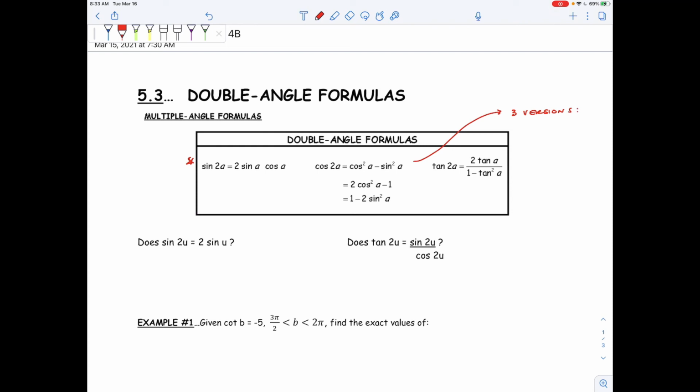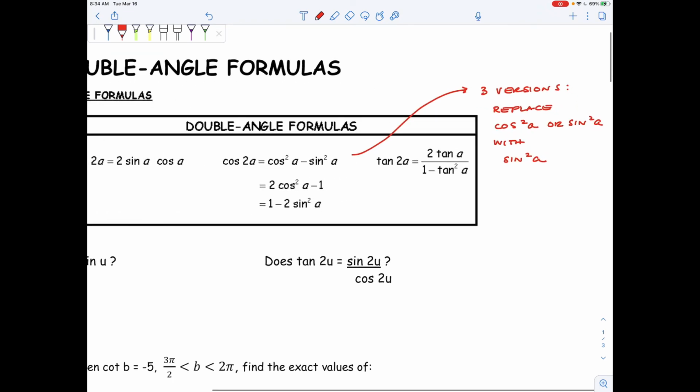So if you replace cosine squared A or sine squared A with your Pythagorean identity, sine squared A plus cosine squared A equals 1, you will get the other two formulas.